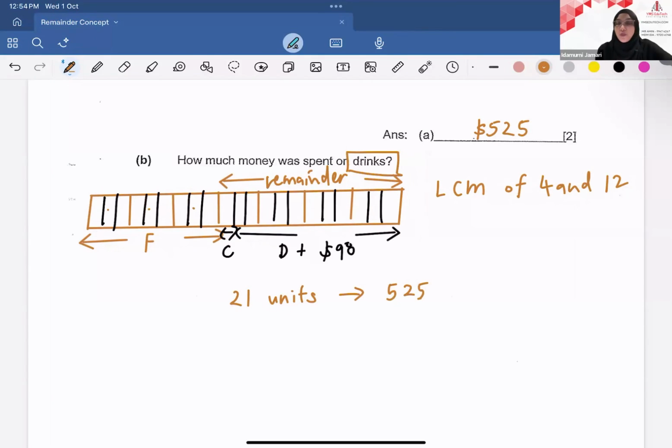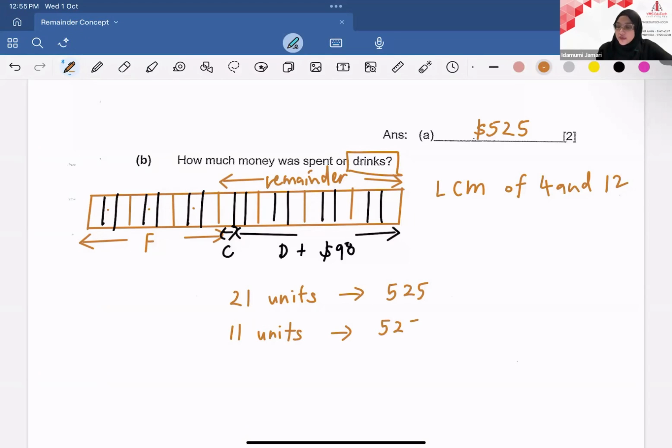The question wants to know how much was spent on drinks. We do not know the exact number of units spent on drinks, but we know that the amount of money spent on drinks and the amount of money left consists of 11 units. If 21 units is $525, how do we find 11 units?